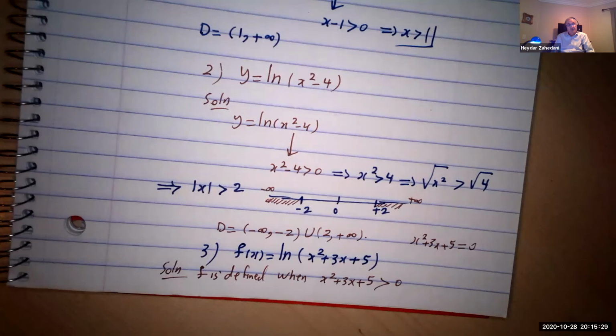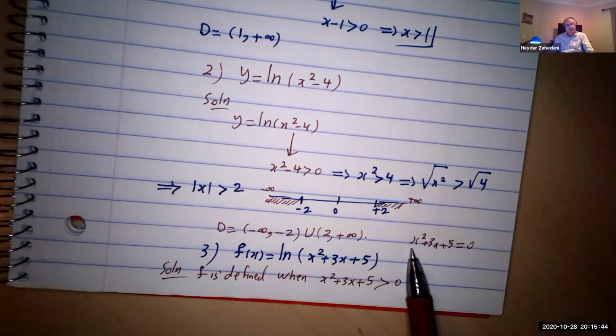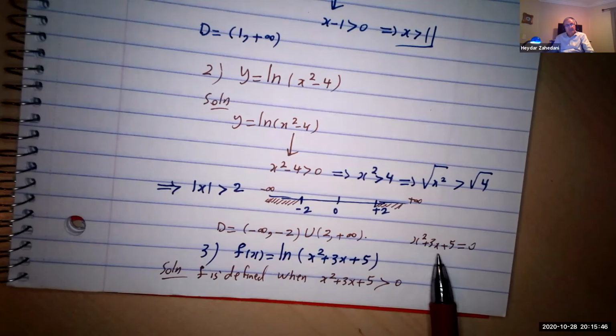Even if you try to use the quadratic formula, you can't do it. I mean, the delta would be negative if you go with the quadratic formula. You see, A is 1, B is 3, and C is 5. So the discriminant would be negative if you like. I can show you, but you don't need it.